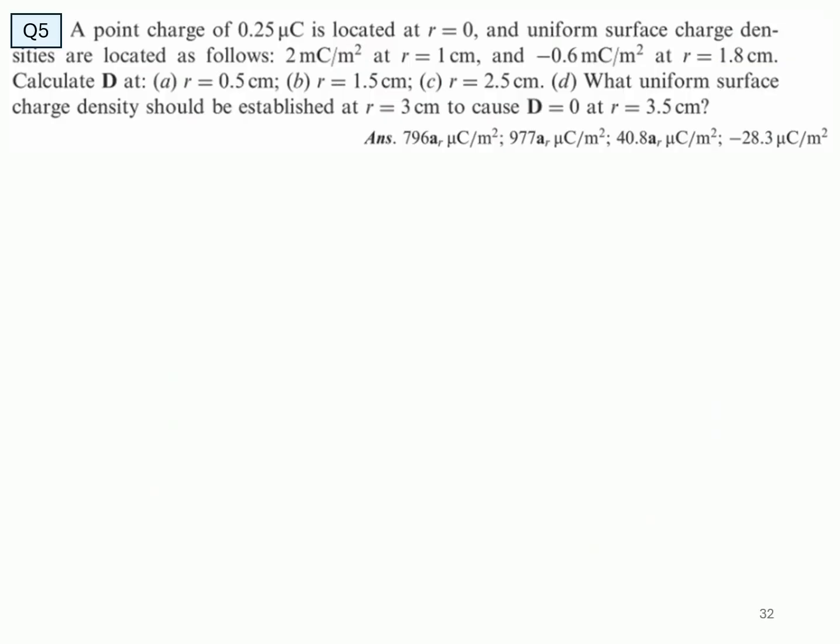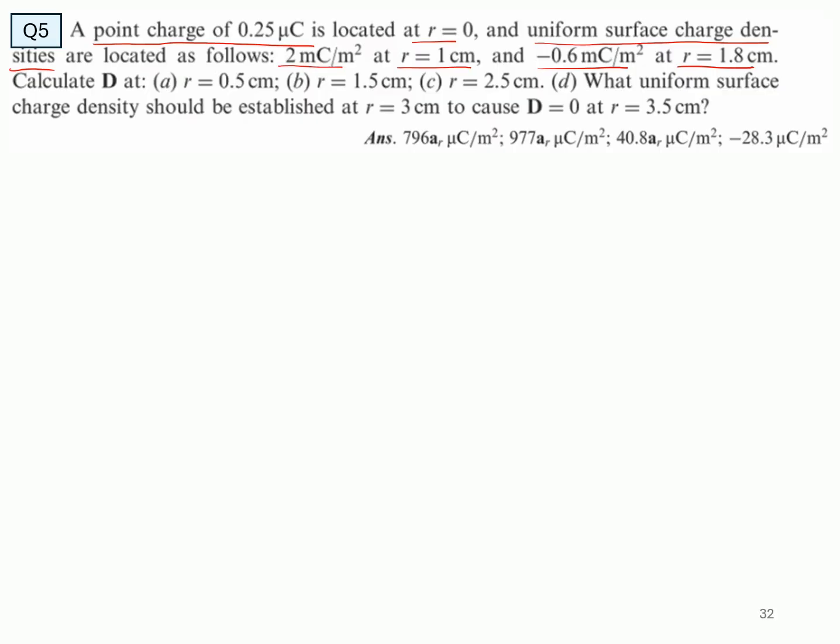So now let us look at an example and understand how we can utilize these line charges and surface charges in finding the electric flux density. In this question, we have been given a point charge of 0.25 microcoulomb located at r equal to 0, and then multiple uniform surface charge densities: 2 millicoulomb per meter square at r equal to 1 centimeter and minus 0.6 millicoulomb per meter square at r equal to 1.8 centimeter.